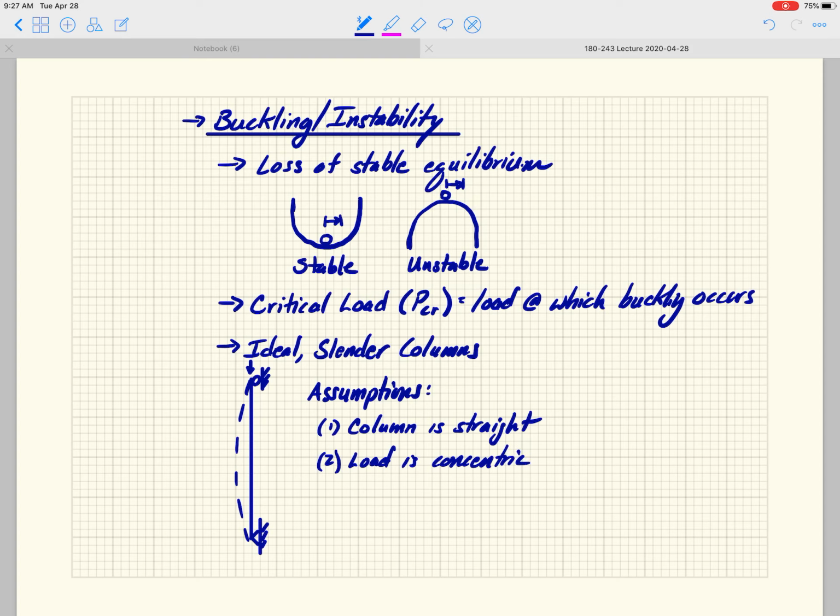What that means is that the load goes through the centroid of the cross section, so I do not have any eccentricity. And three, we're going to assume that the column remains elastic prior to buckling.